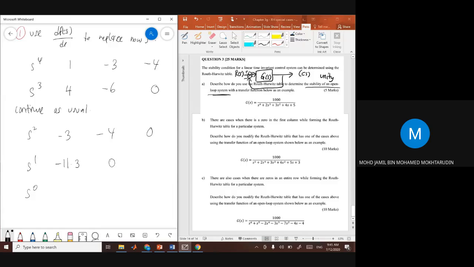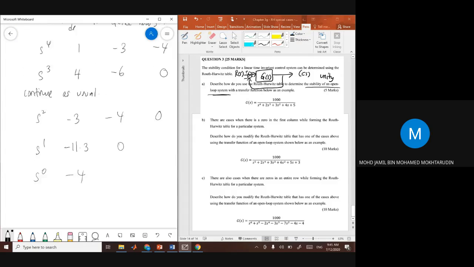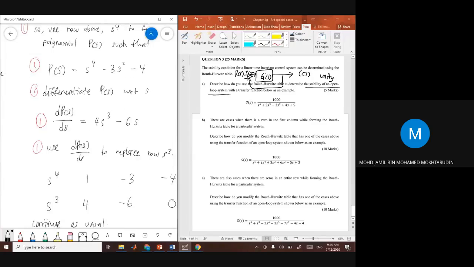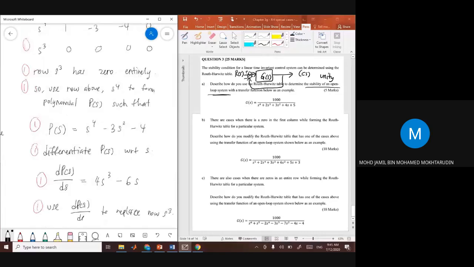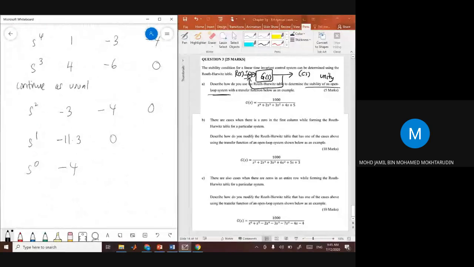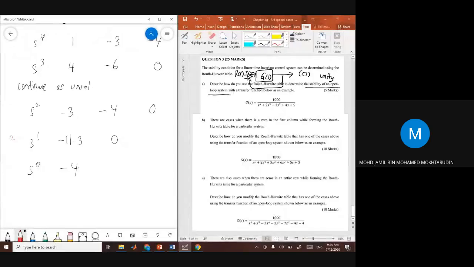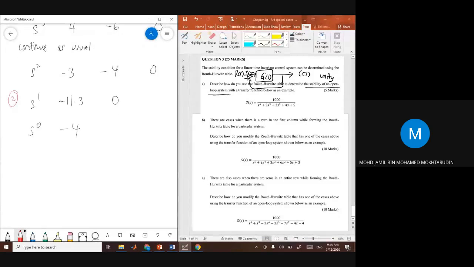Okay, so berapa markah tadi? 3, 7. So ni 2 markah. And then look at first column.